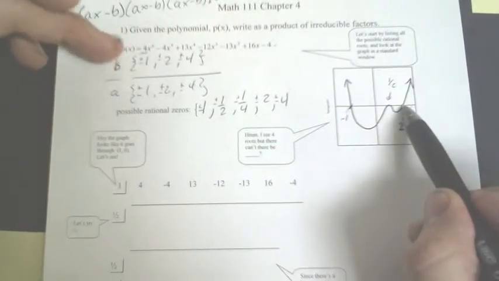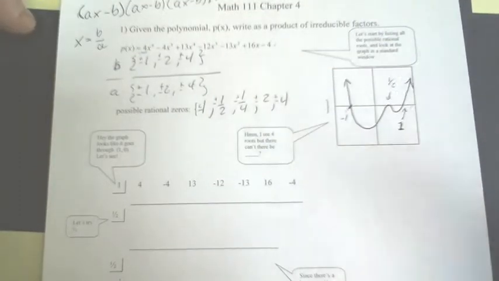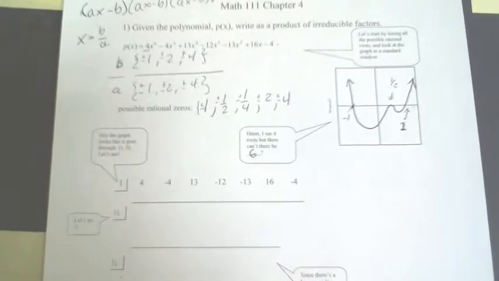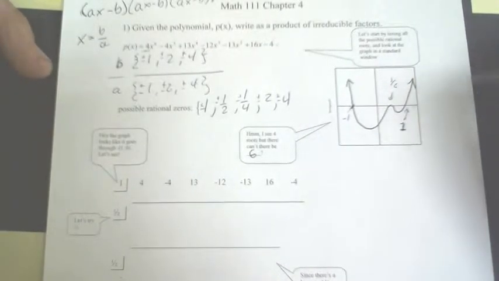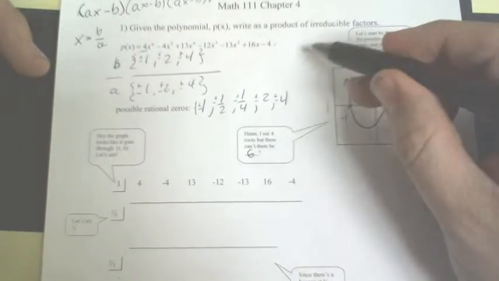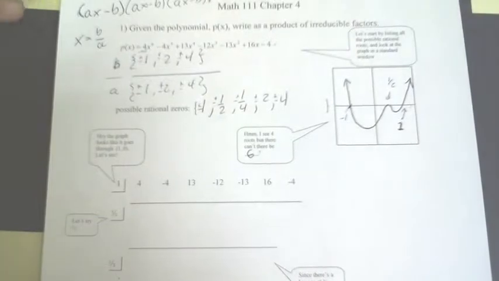As a 6th degree polynomial, this thing should be able to have as many as 6 real zeros. Now it's possible that the graph goes back down and generates another 2, or this way generates another 2. But it's also possible that those missing 2 are complex numbers.